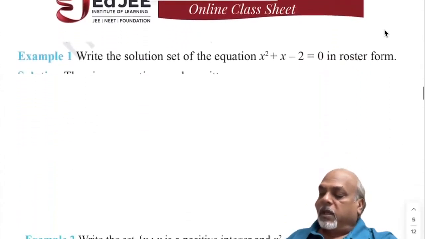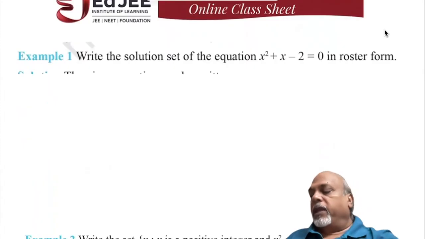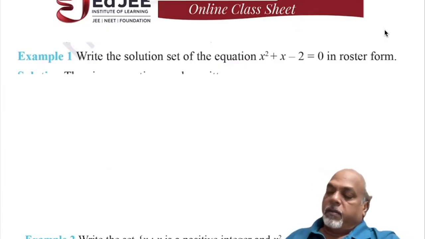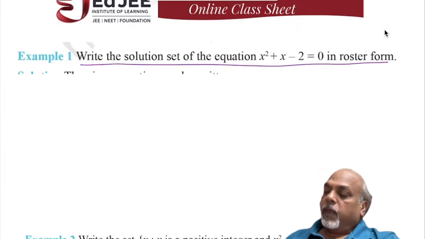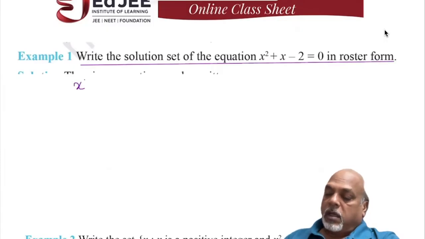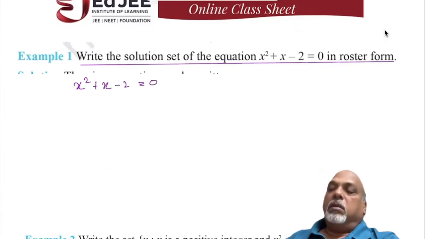This is an example which is given in the NCERT book. So let us take up all these things also so that you can understand. Write the solution set of the equation x square plus x minus 2 is 0.